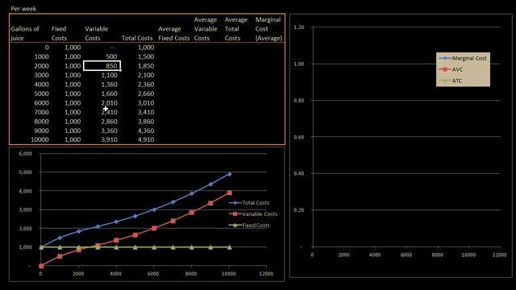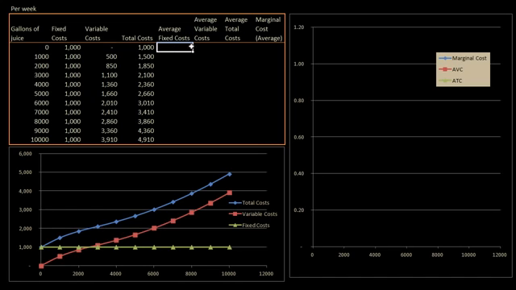And so my incremental variable cost for the next 1,000, and we'll think about that later, keeps going up and up and up. And the total costs obviously are just the sum of my fixed costs and my variable costs. So if I want to produce 9,000 gallons of orange juice, it's going to cost me $4,360.